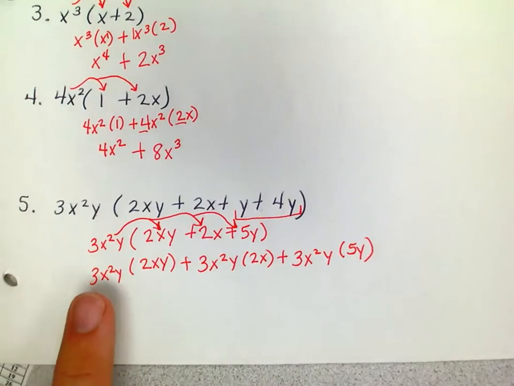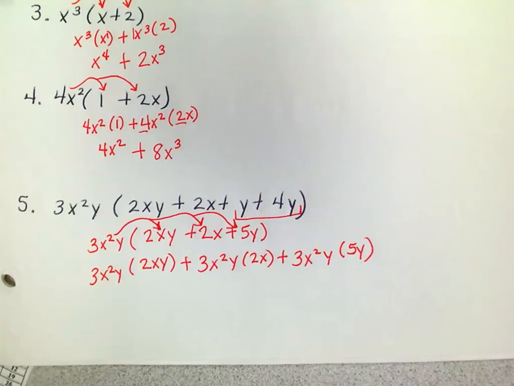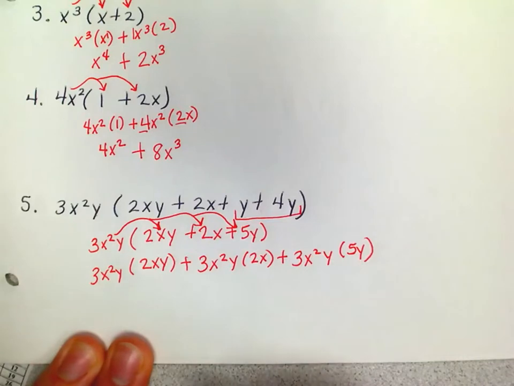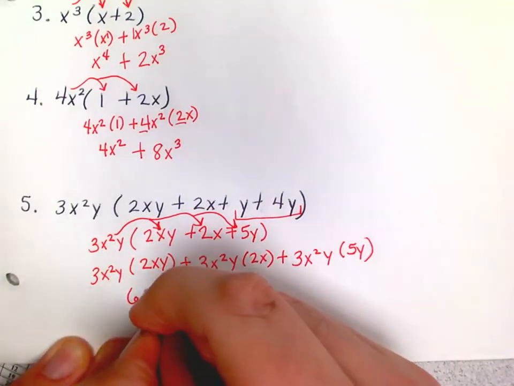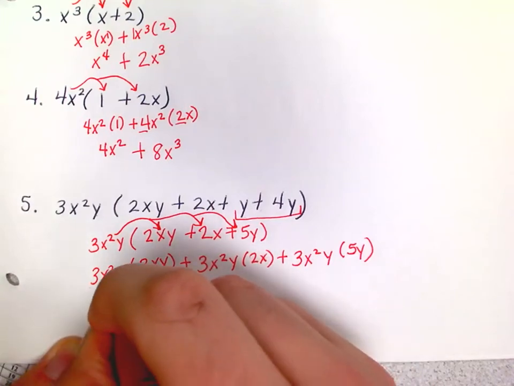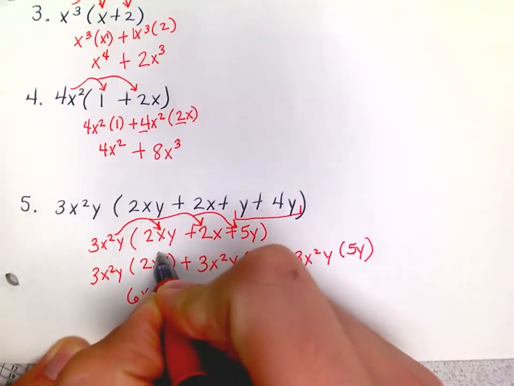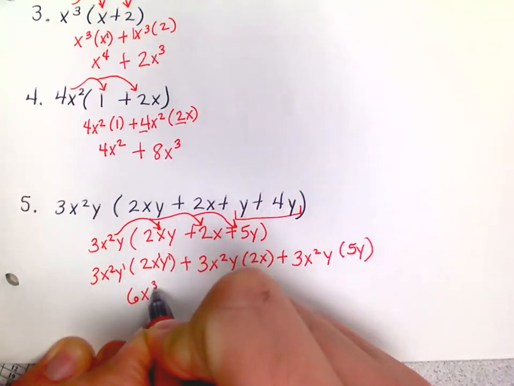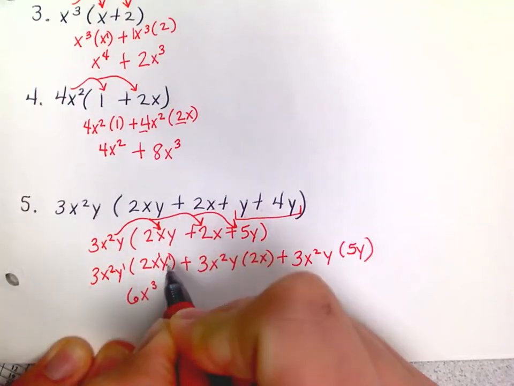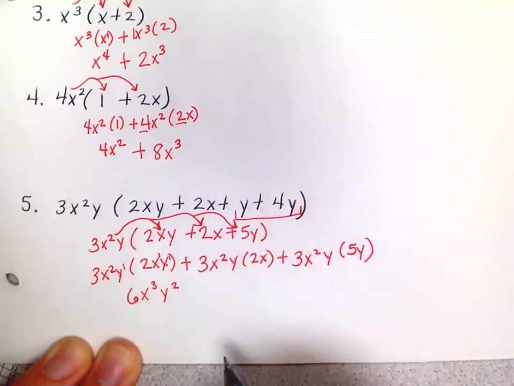And that's just distributing this number outside the parentheses to everything inside. Let's go through and multiply, and then we'll simplify. So 3 times 2 is 6. Let's add the exponents. So we have, excuse me, 2 plus 1 is 3. And then each y has 1, so we're going to have y squared.